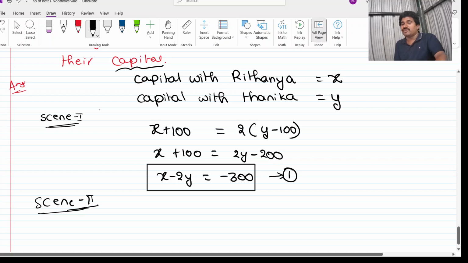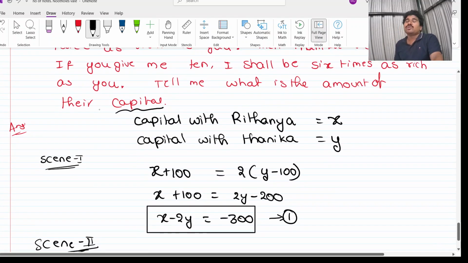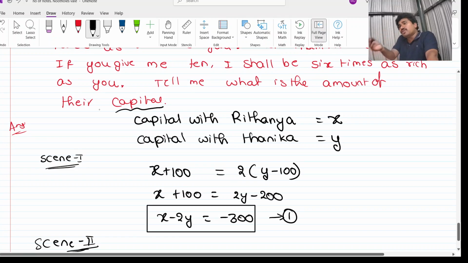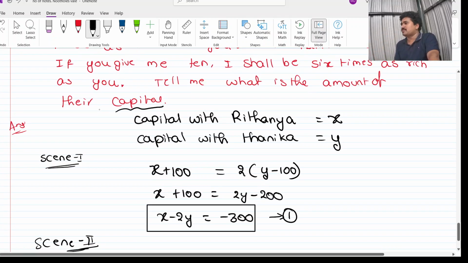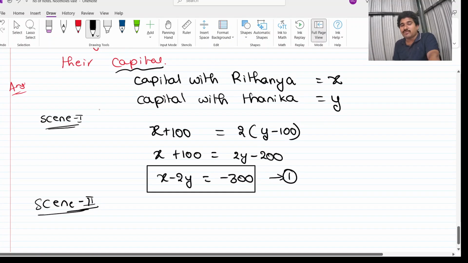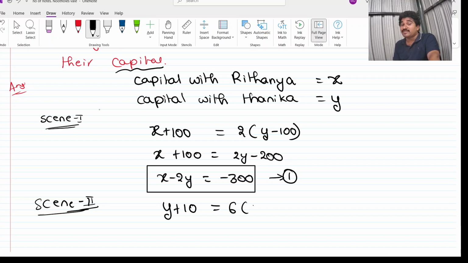Next, scene 2. Tanika said, I won't give 100. You give me 10 rupees. How much is she expecting? 10. That means Tanika's money is y plus 10, equal to 6 times x minus 10, 6 times the other girl's money.